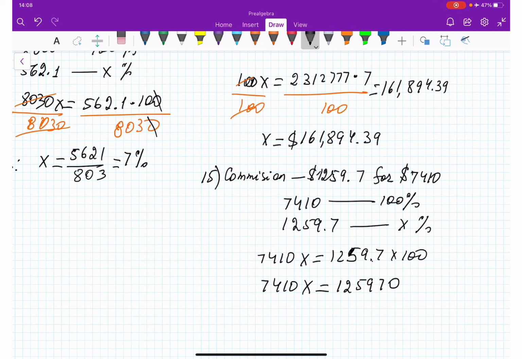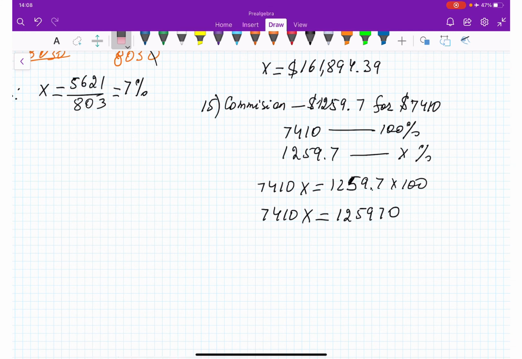One position here, and 1 and 2 comes here. So we divide by 7410, this is gone. I can cancel this 0 with this 0. If I divide, X is going to be 17%, because this is equal to 17.